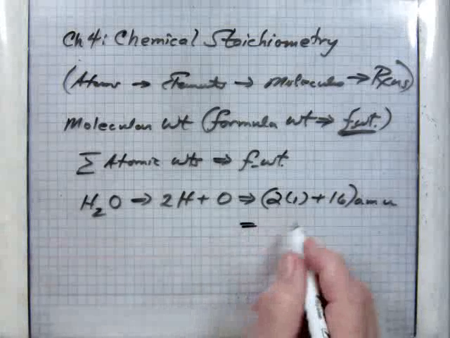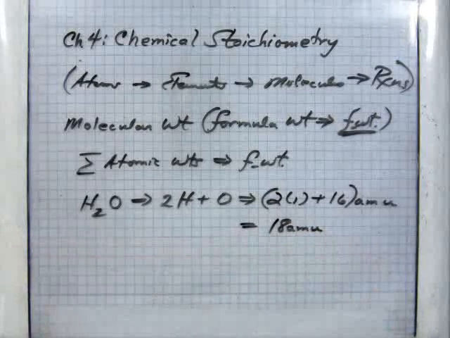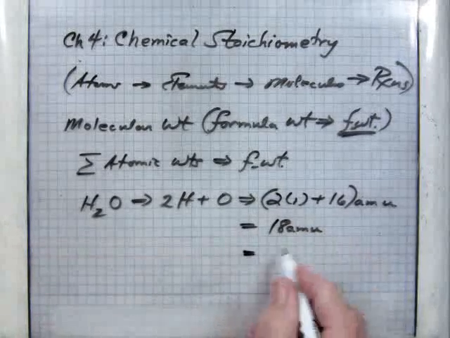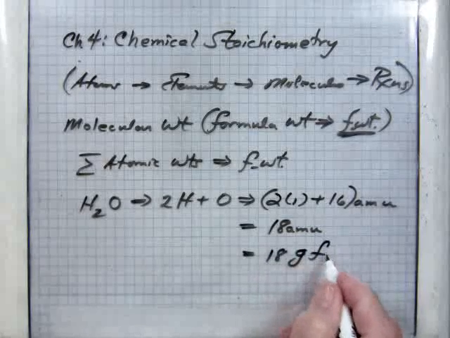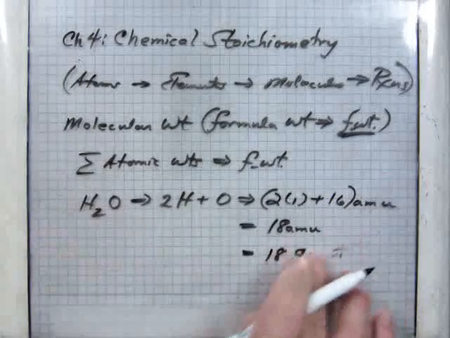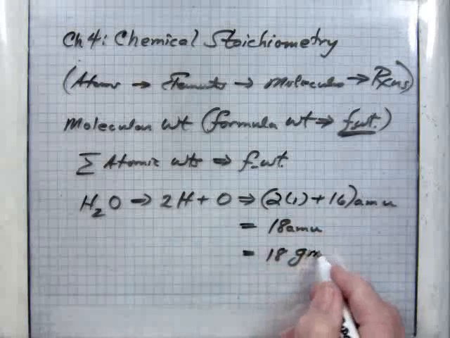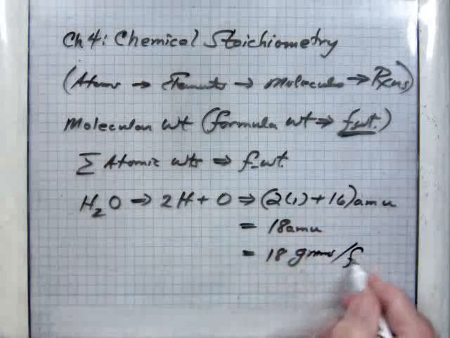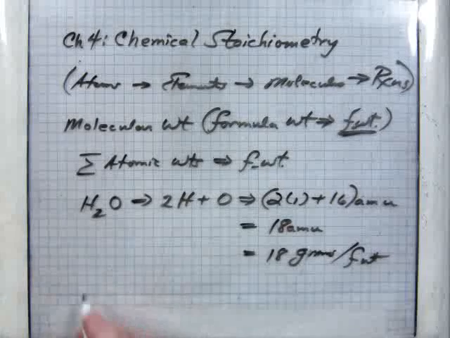And so that is equal to 18 AMU. Or it might be listed 18 grams per formula weight, like that. And so I think you have seen this in the past and shouldn't have any trouble with it.